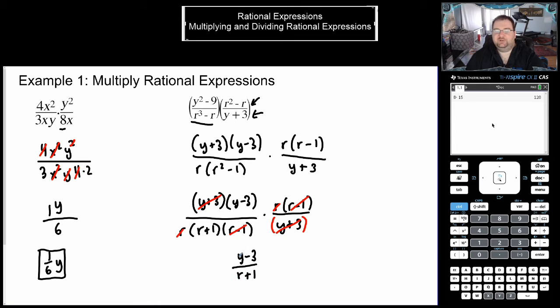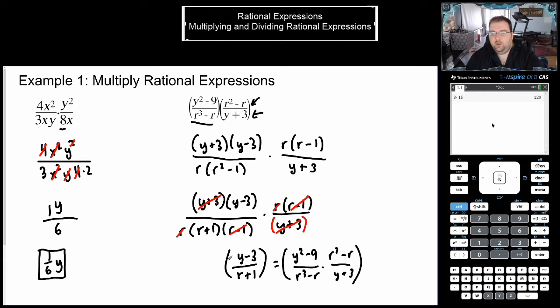And just think how much simpler this is to graph and work with. This is equivalent to what we started with. Y squared minus 9 over r cubed minus r times r squared minus r over y plus 3. These two things are equivalent. They're the same. Who in their right mind would rather this over this?